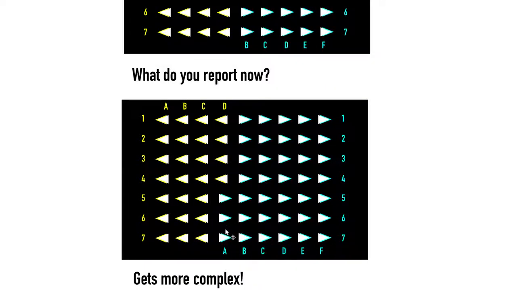It gets more complicated as soon as you get this interleaving, but it's still doable, right? So, they can look and report, I see columns A to D from rows 1 to 4 as yellow pointing left, and B to F in rows 1 to 4 blue pointing right, and then A to F rows 5 to 7 pointing right blue, and rows A to C, columns A to C, rows 5 to 7 pointing left, and I get confused even just looking at this.